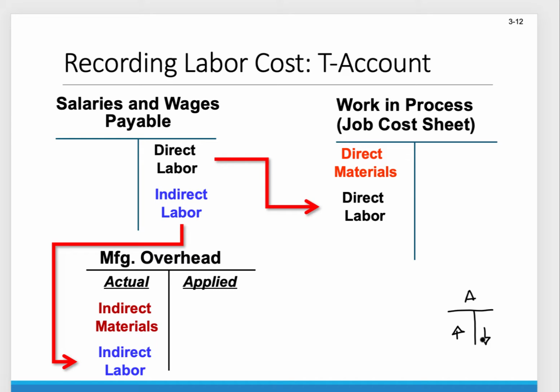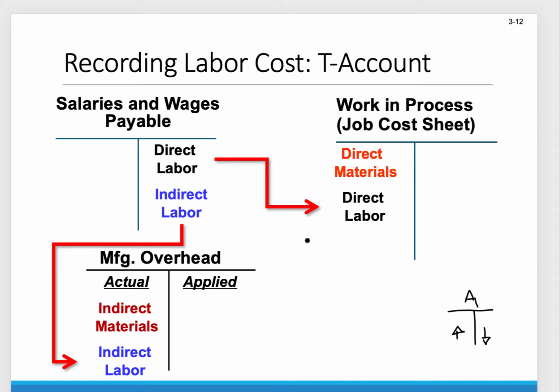So we have our wages payable account. And by the way, that's supposed to be an A right there for asset.